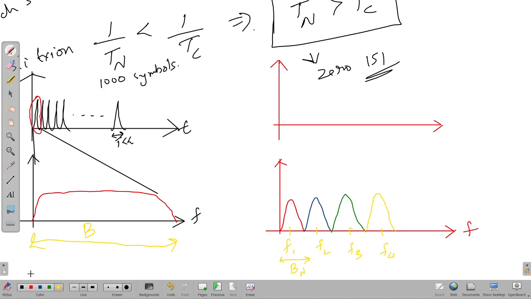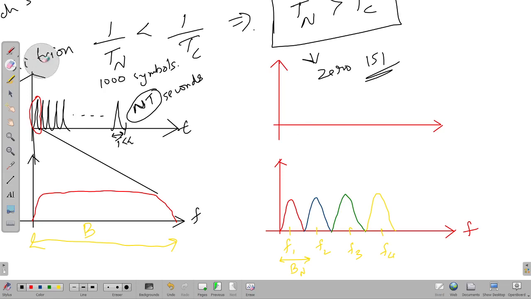So let's say you have n number of pulses, and T is the time duration of each pulse. The total time taken to transmit all this data is n into T seconds.